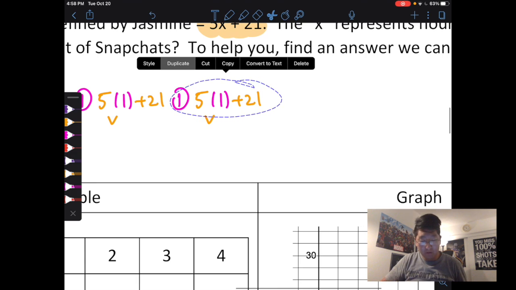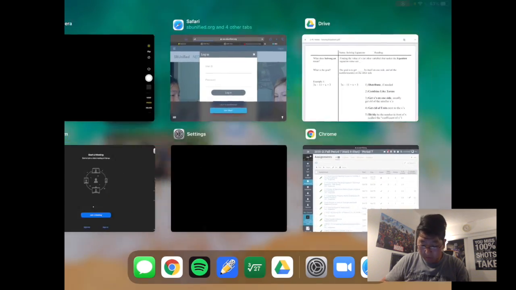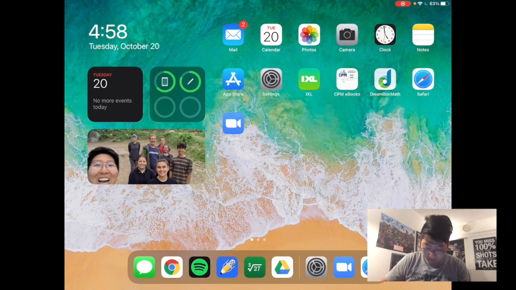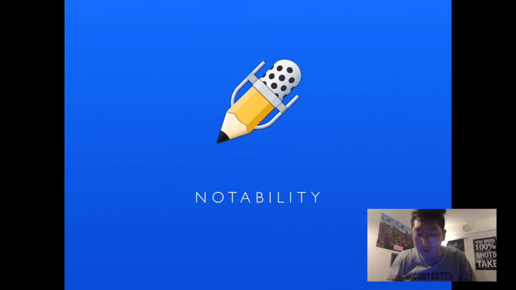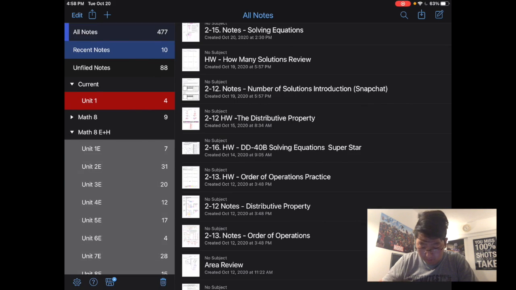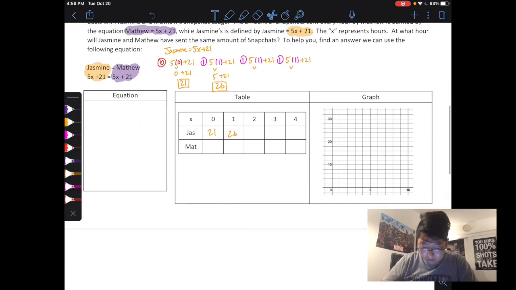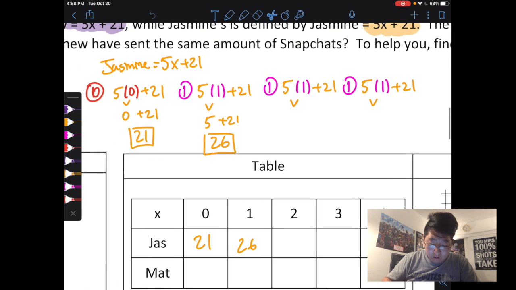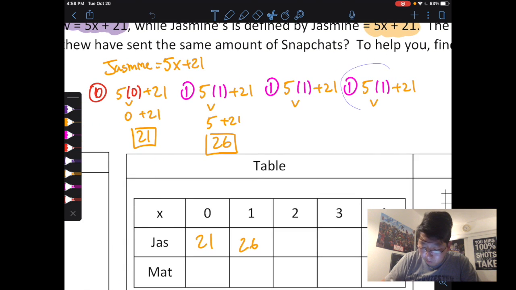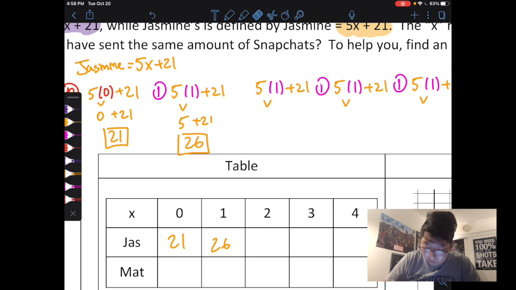Alright, all I did was duplicate. I'm going to duplicate it one more time for the 4th one. I'm going to erase these numbers.